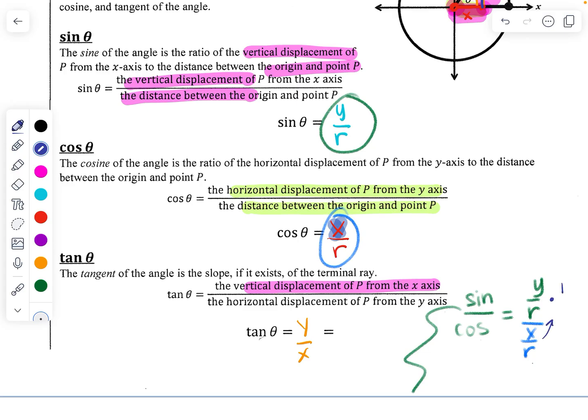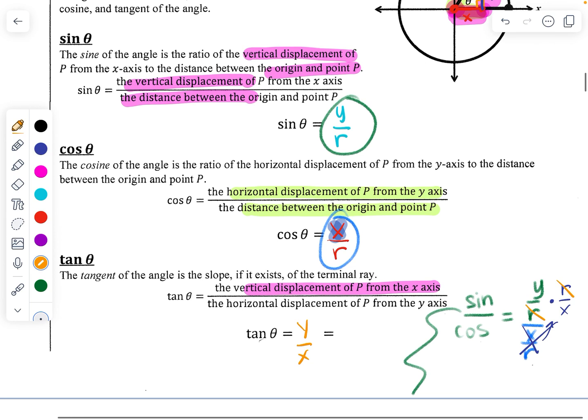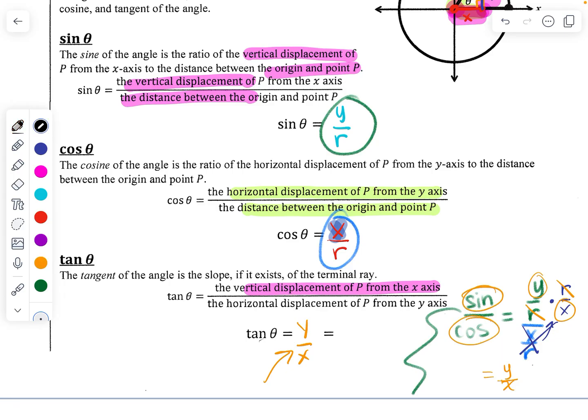So this would be r over x. I can cancel out those r's, and I end up getting y over x. Well, I know that if tangent is also y over x, that's like saying sine over cosine. So there's two ways to look at tangent. You can say that it's y over x, or you can say it's sine theta over cosine theta.